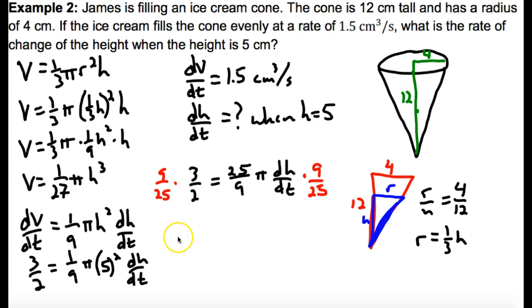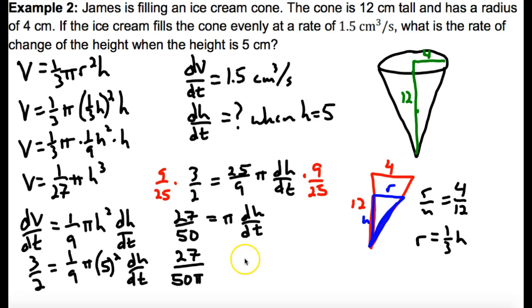And over here we get 27 over 50 equals pi times dh/dt. Then all I have to do is divide by pi, and we get 27 over 50 pi. My units, since we're just talking about height, would be centimeters per second, which is the rate of change of the height.